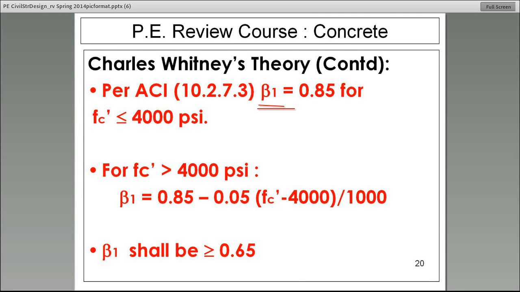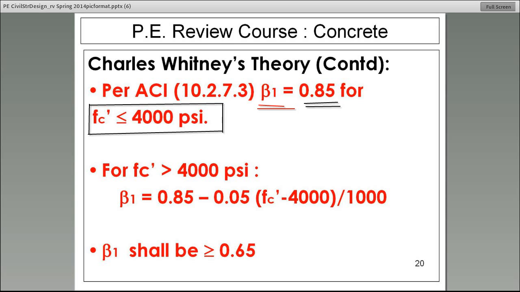Beta 1 simply is a constant, and it's constant for a given compressive strength of concrete. So beta 1 prescribed by ACI code is equal to 0.85 as long as the compressive strength of the concrete is less than 4,000 psi. So the question would be the following. The compressive strength of a concrete is 3,000 psi.